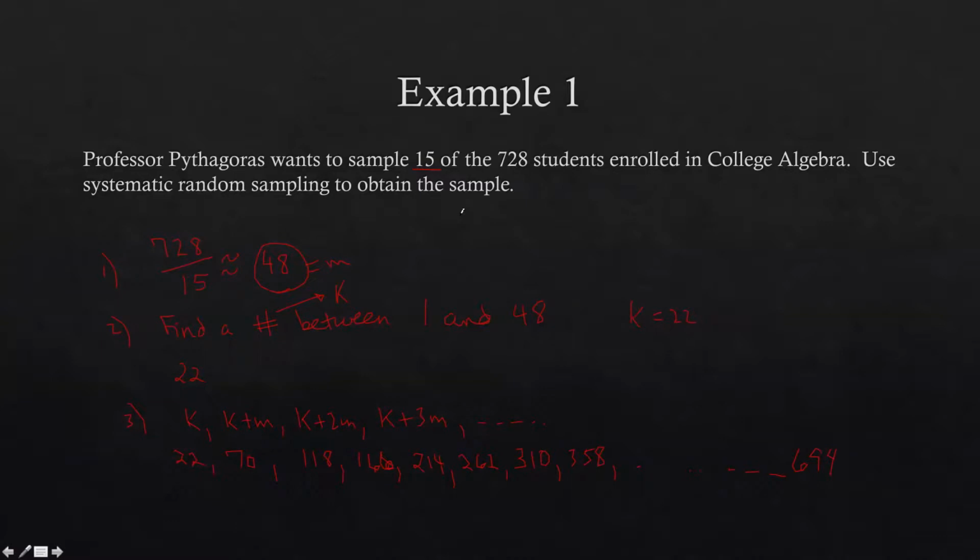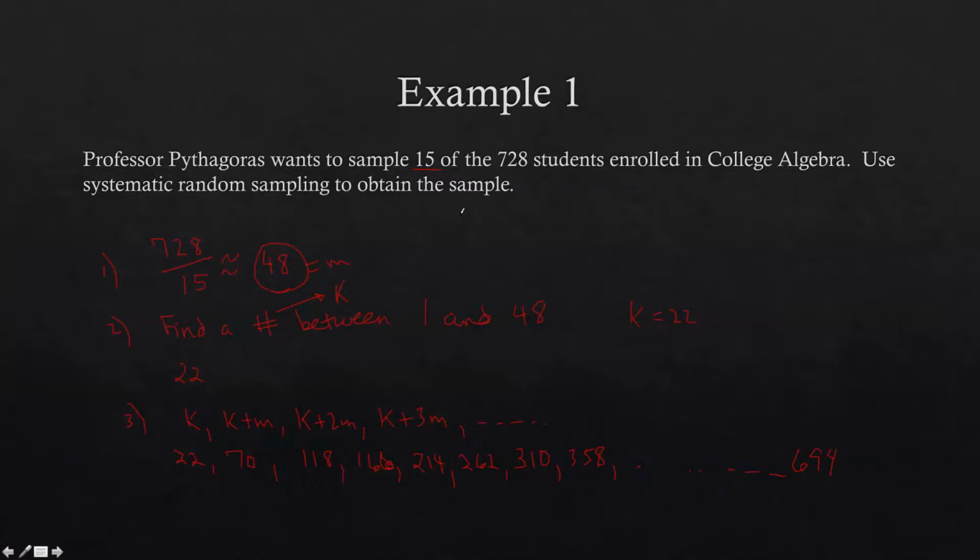Once you had all these numbers, you would pick all the members of the population that correspond to them. That would be your sample: whoever's number 22, number 70, or whoever's number 694.